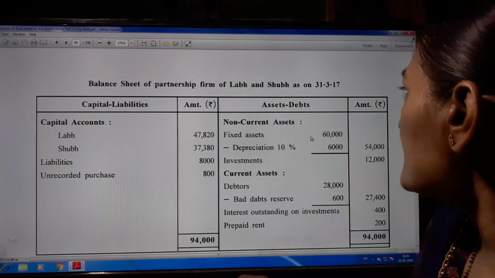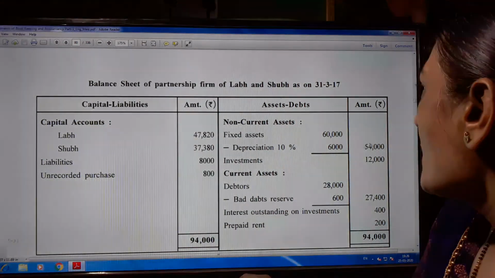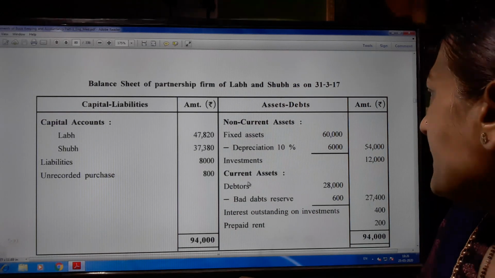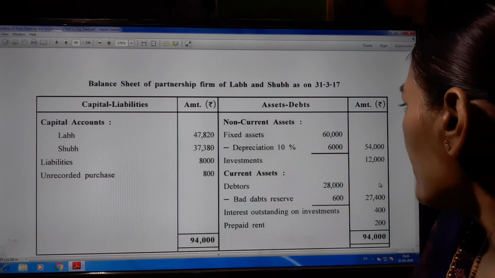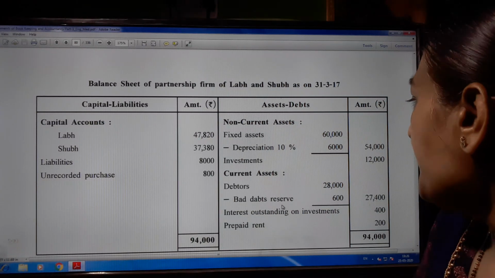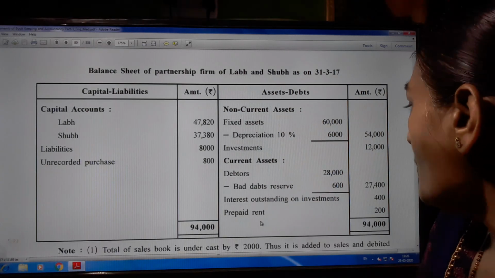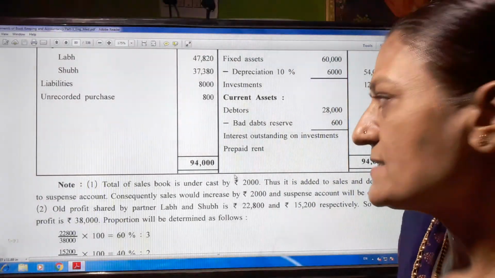Non-current asset, fixed asset 60,000 minus depreciation 10% 6,000, outer column 54,000. Investment 12,000. Current asset 28,000 minus bad debt reserve 600, outer column 27,400. Interest outstanding on investment 400. Prepaid rent 200, because prepaid rent is there, then it is an asset for our business unit.